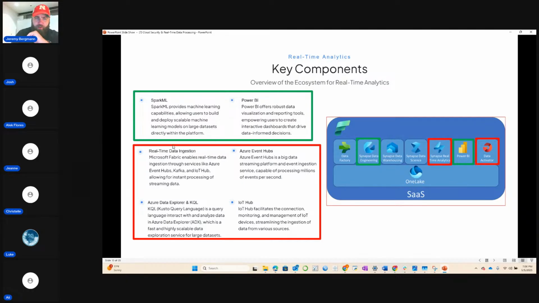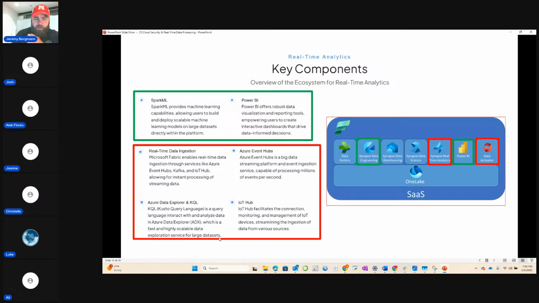So red is really the ones I think about is what you use specifically to ingest real-time data. And some of these technologies like Event Hubs, IoT Hubs, and Kafka for instant processing and ingestion. And then you have these hubs that help you transform events and event ingestion or IoT data coming in from sensors.